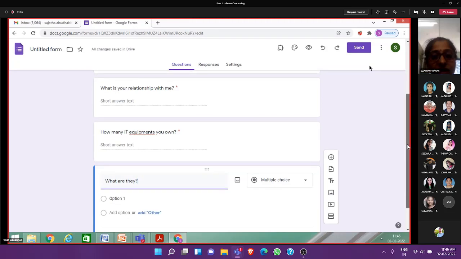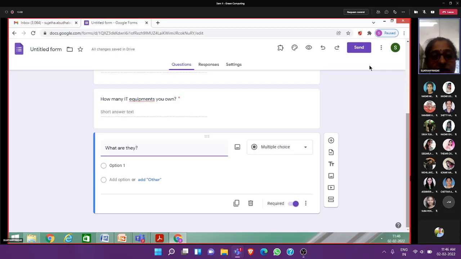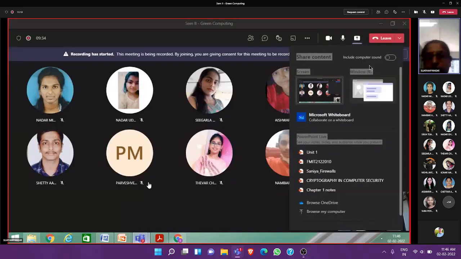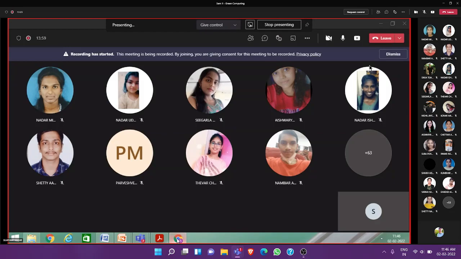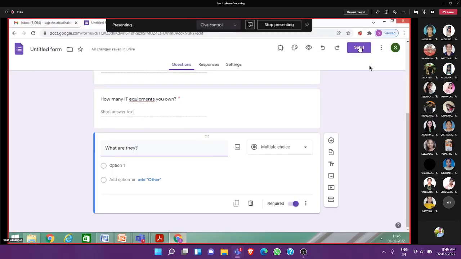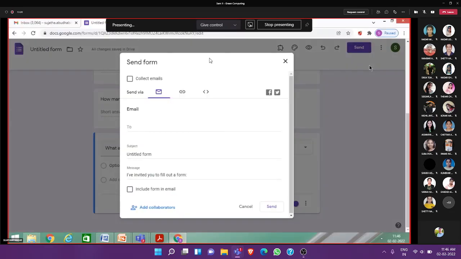Okay. So once you have created this, there is an option called Send. Once you click on Send, you will have all these options.